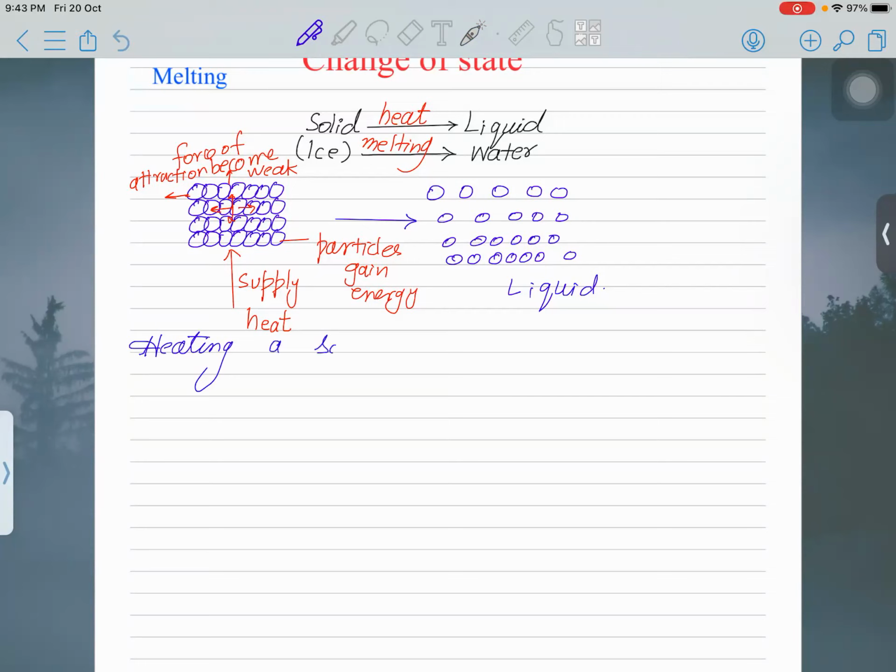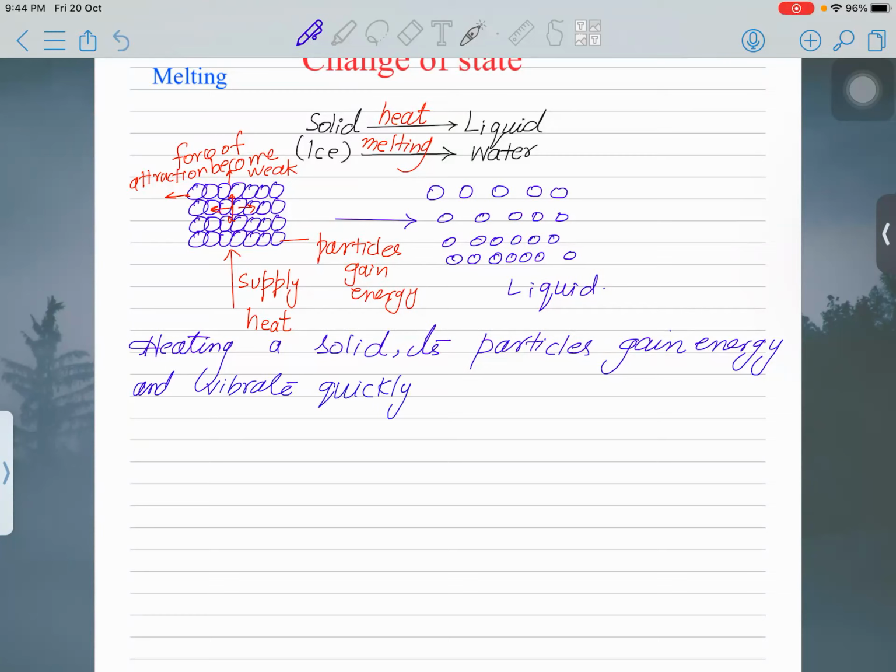Heating a solid, its particles gain energy and vibrate quickly.